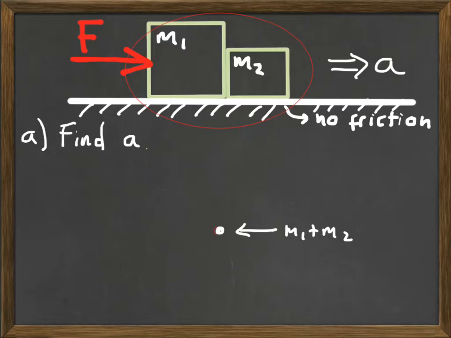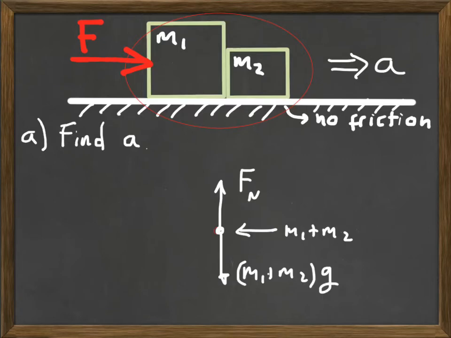The first force that we can consider is the interaction between the object of interest and the table. That's called the normal force, and this is going to be in the upward direction. The object of interest also interacts with the Earth. That interaction is called the gravitational force between the object of interest and planet Earth, and that force can be written as M1 plus M2 multiplied by g, the weight of the object of interest.